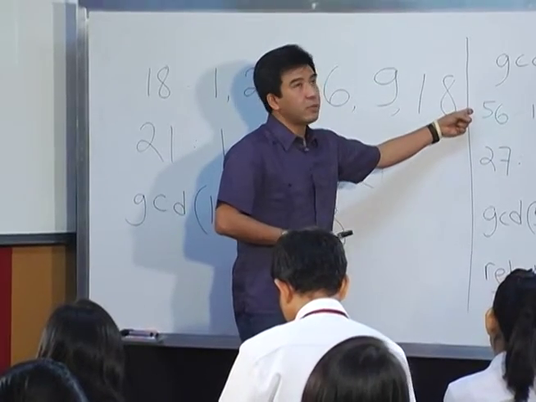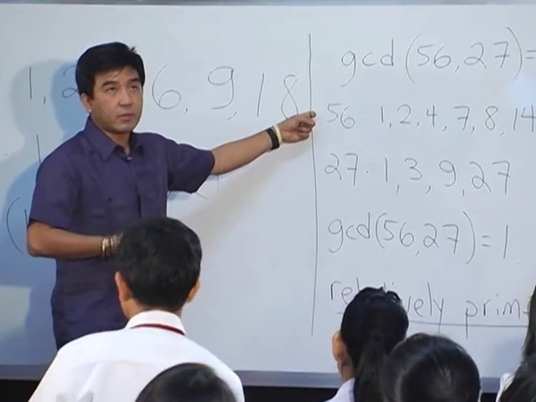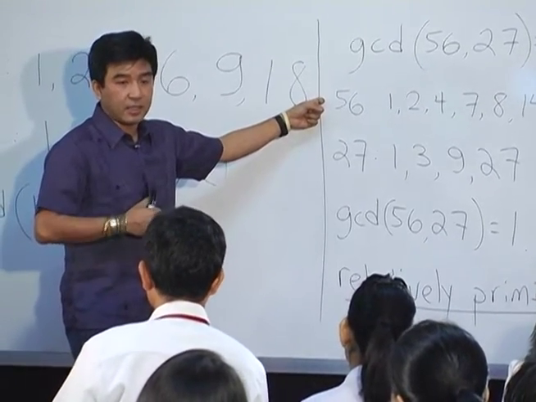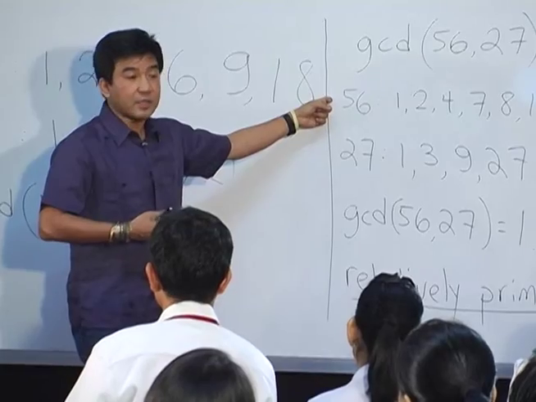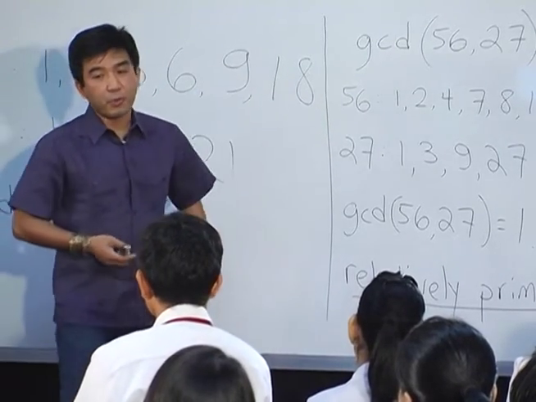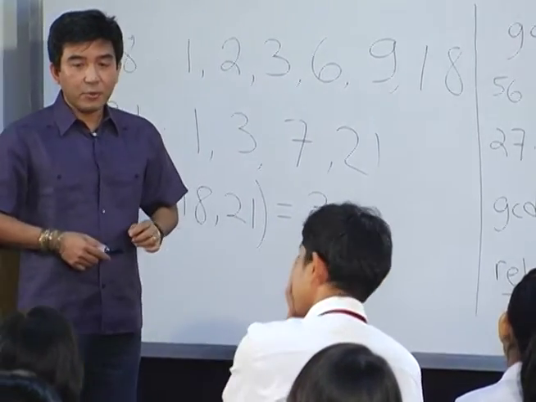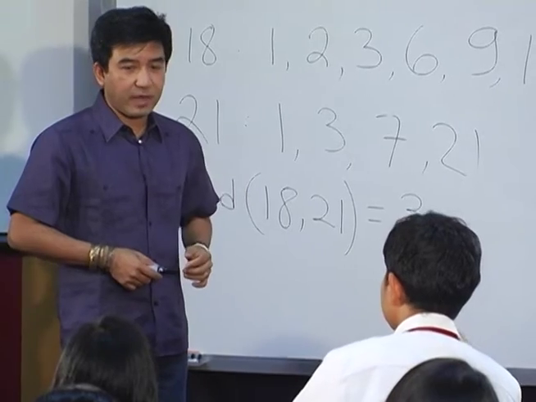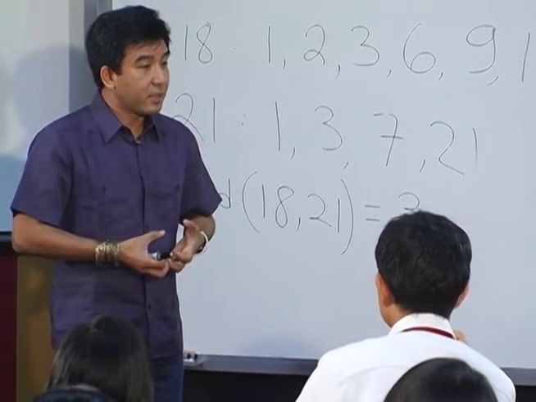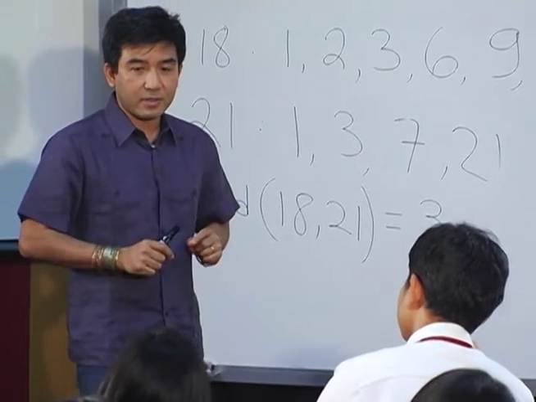Now, this is what we call the naive way of computing the GCD, because it is very natural. We just list all the common divisors. It becomes a problem when your numbers are very big. Then you have to guess what the factors are, and the bigger the numbers are, the more difficult it is to compute the factors.